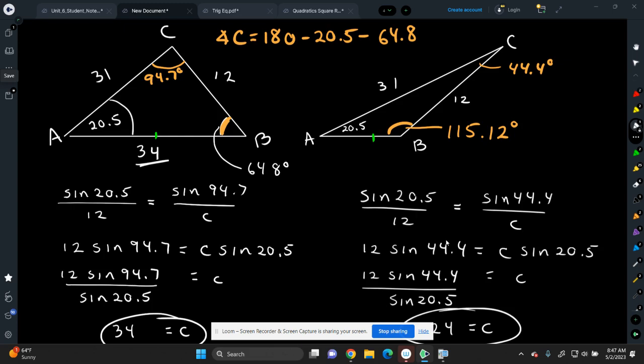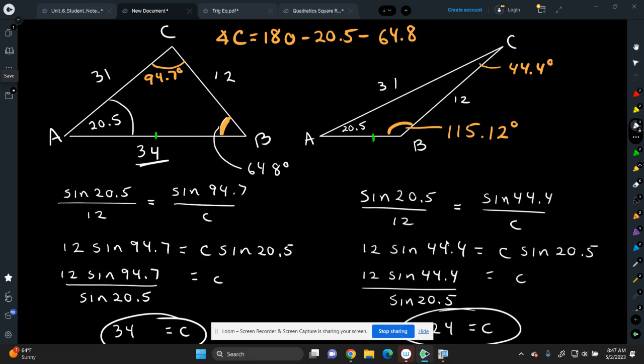So when we solve number 3, you're going to have sine A over A equals sine C over C. You're going to be solving for angle C. You have to consider the second angle, the second triangle. Good question. So if you only start with one angle, you have to consider that there might be two triangles.